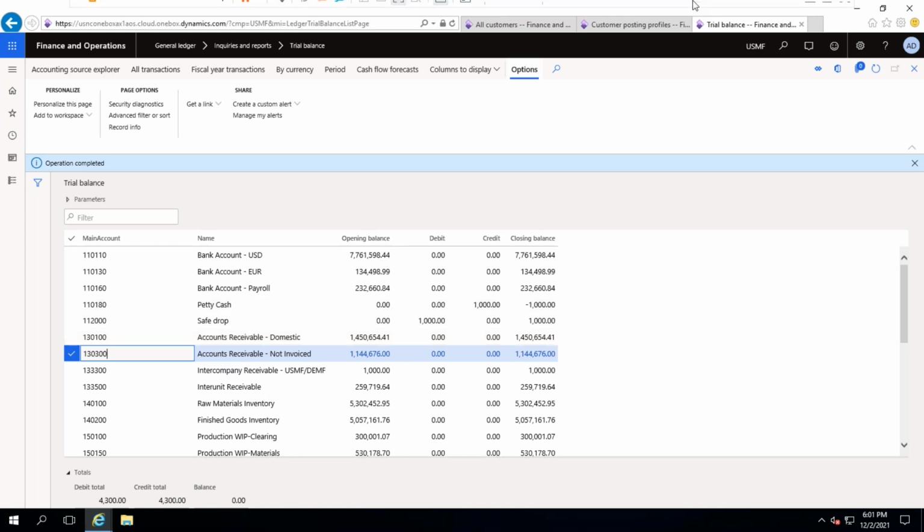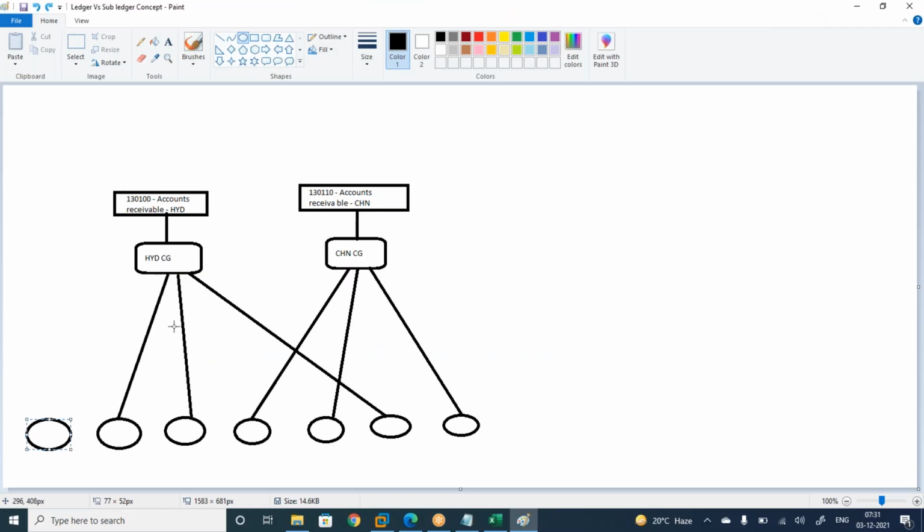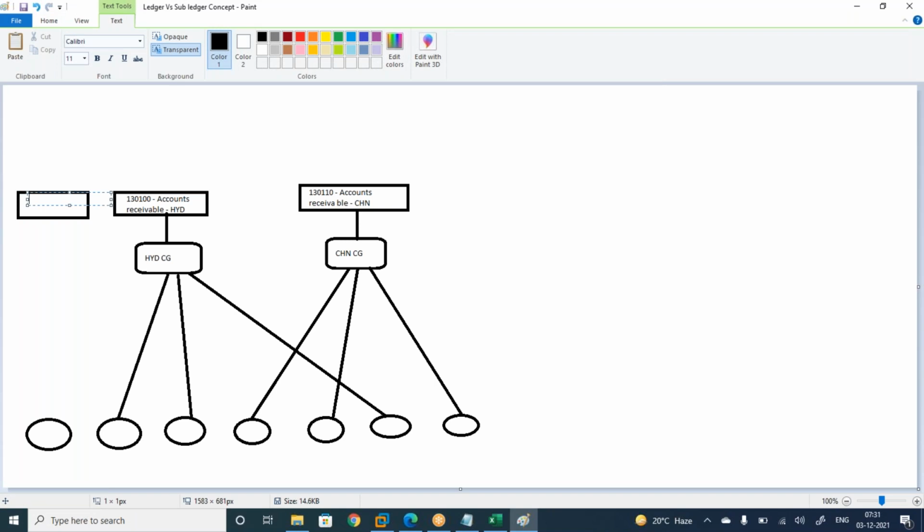Yes, that is also possible. You can map a customer to a ledger account directly. Suppose there is a special customer.